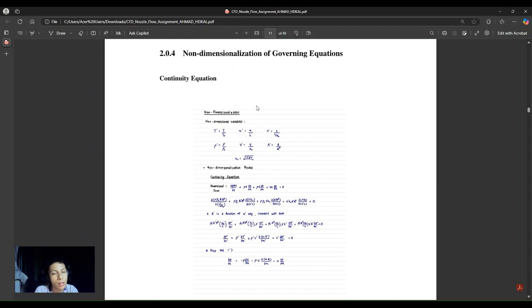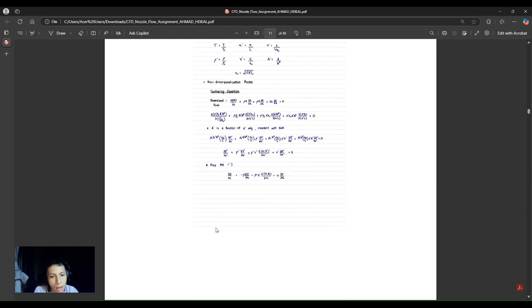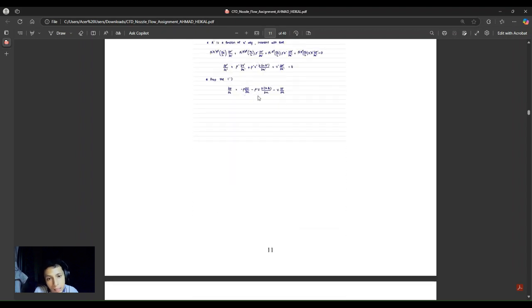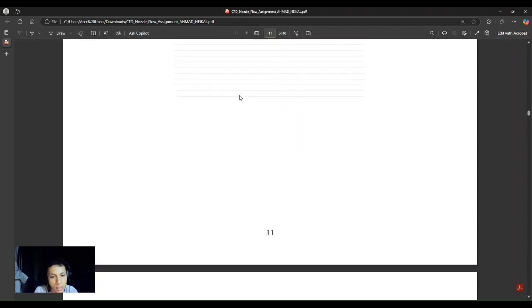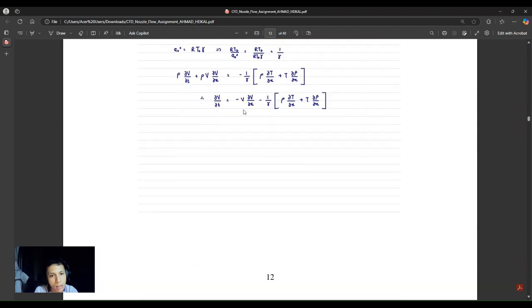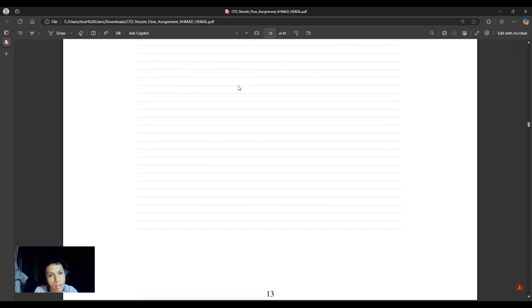So this is where we make the governing equations dimensionless, in which this is the form of the continuity equation, and this is the non-dimensional momentum expression, and also the energy equation.